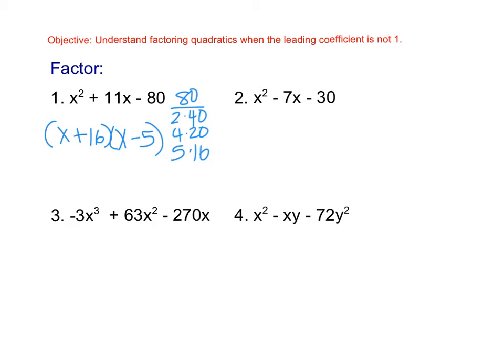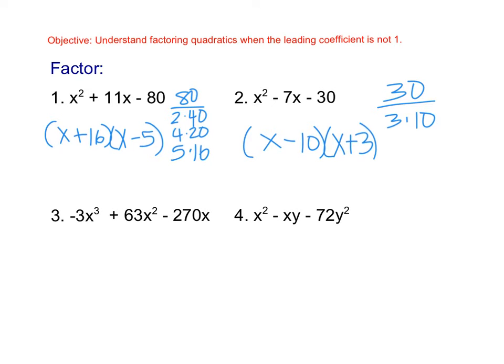All right, next one, that's an easy one. 30 is 3 and 10. So x minus 10 times x plus 3. This one we have a GCF, so I'm going to divide by -3. That leaves me with x squared minus 21x plus 90.